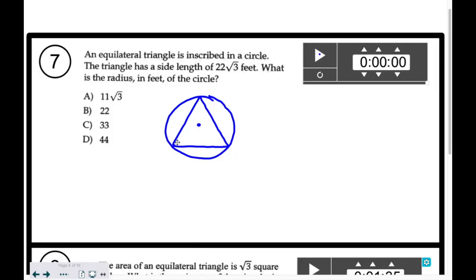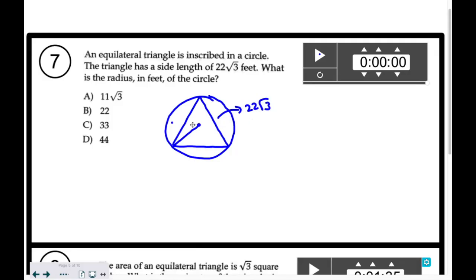So we could say that is the radius. The side length of the triangle is 22 root 3. I'm going to put it on this side. So the side is 22 root 3. All the sides are, right? It's equilateral.